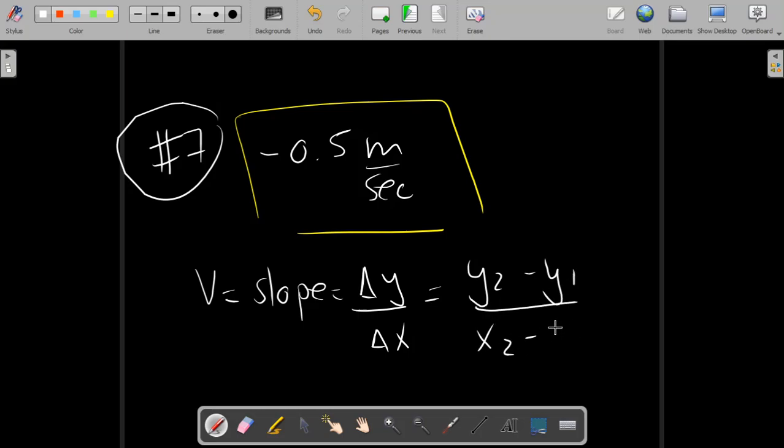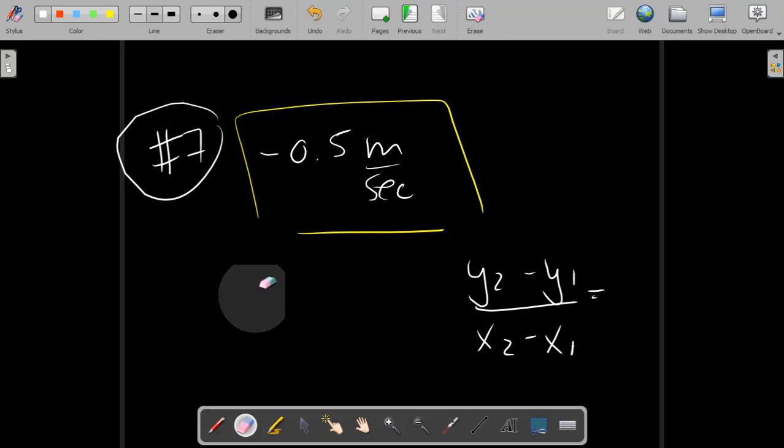So what 2 points are you going to pick? Well, points that are easy to read. I'm going to just use the ones that the book uses. Let me erase this and use that part of the equation to write it.